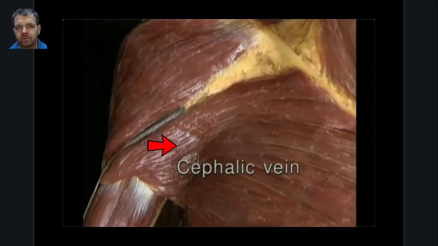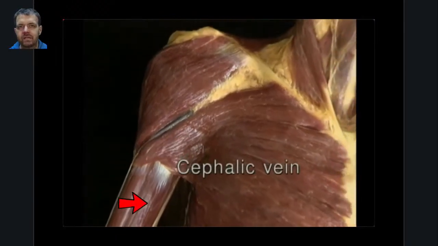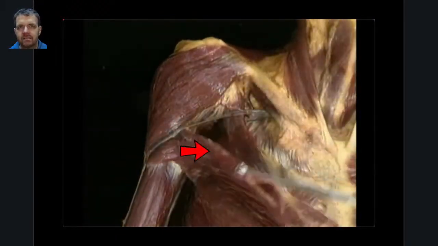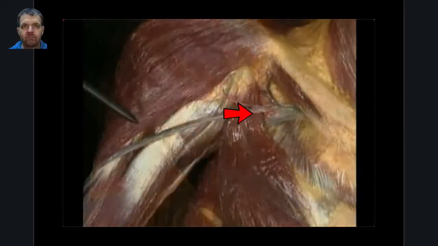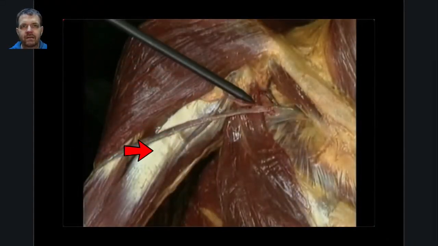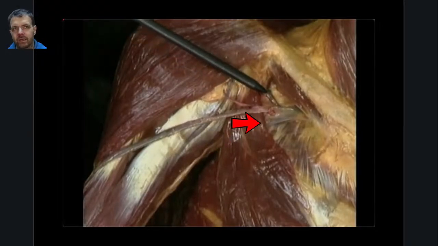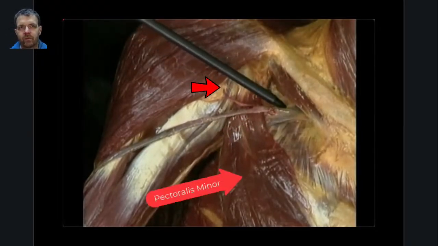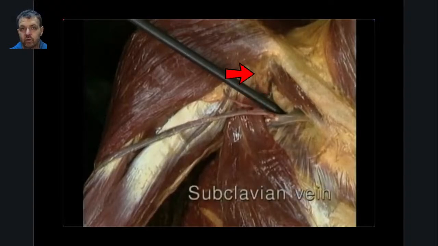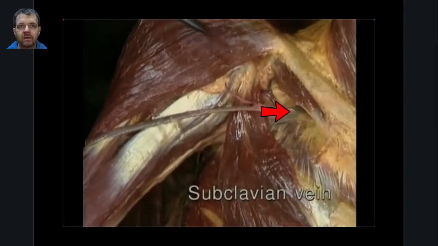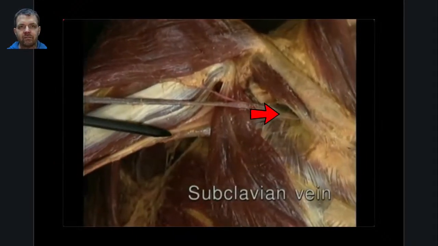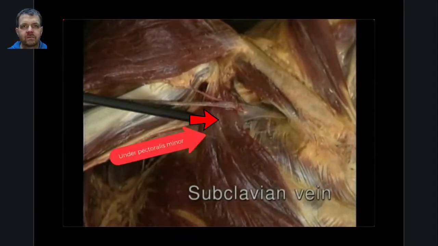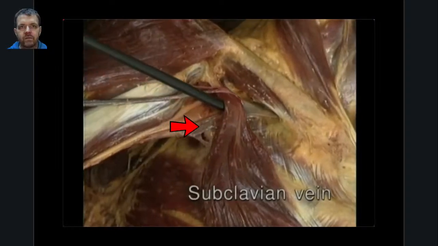In between your deltoid and your pec major, there's your biceps underneath. There it is. Okay, so going over the top of pec minor on its way back, and then the artery coming underneath. And then we've got veins joining in from other areas of the shoulder before it then becomes the subclavian vein. There we go.